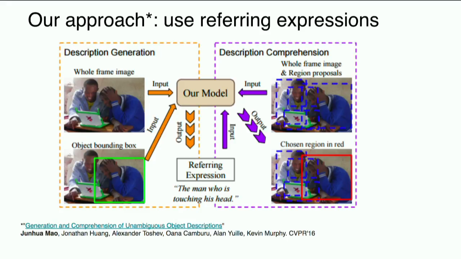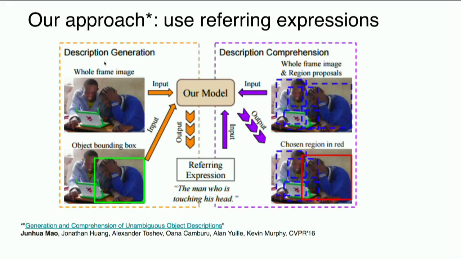Right? So you have 2 agents. One sees a scene and is trying to refer to an object or a region in that scene, and has to describe it verbally to a listener who is listening to that description and has to infer what it is you're talking about. So which of the objects did you mean?